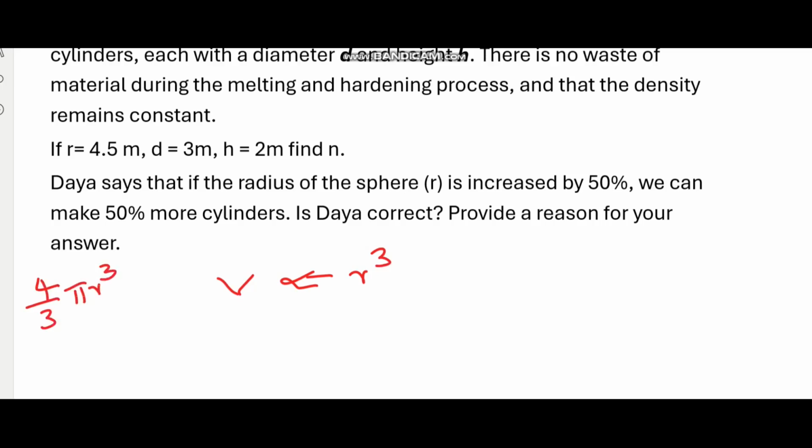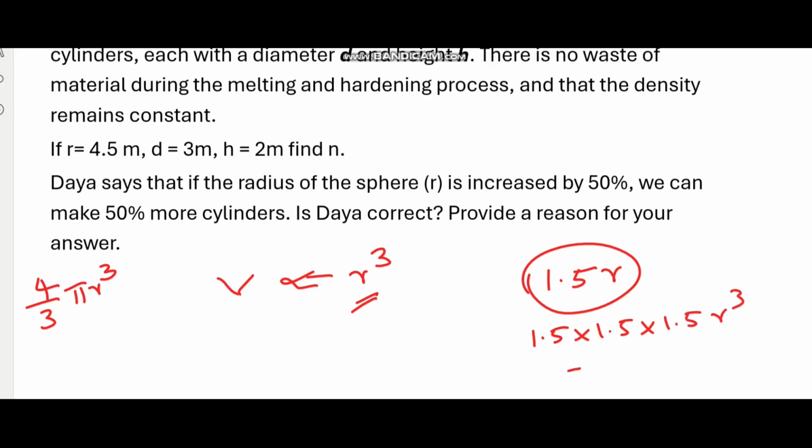So that means, let's say the original radius was r. Now if we are increasing it by 50%, the new radius is 1.5 r. So when you cube it, it'll be 1.5 times 1.5 times 1.5 r cubed, which is 3.375 r cubed.